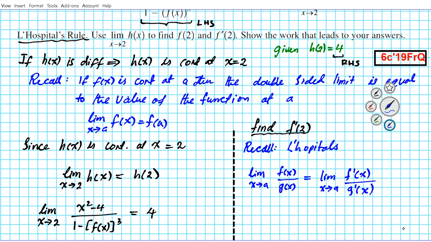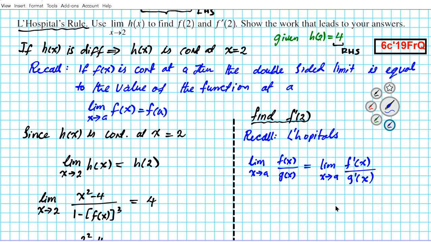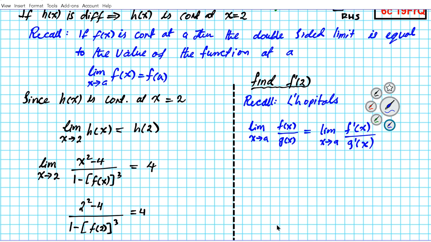And then, of course, eventually you can plug in the a's, and go from there. So this is L'Hopital's rule, and we're going to apply it to this scenario to figure out what f prime of 2 is.